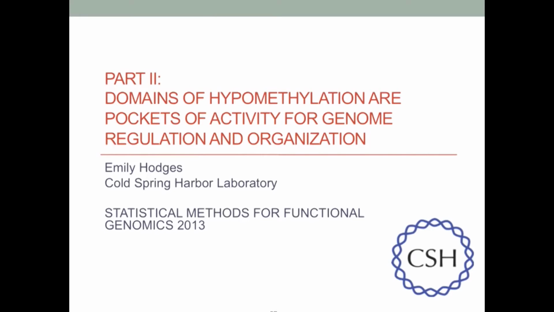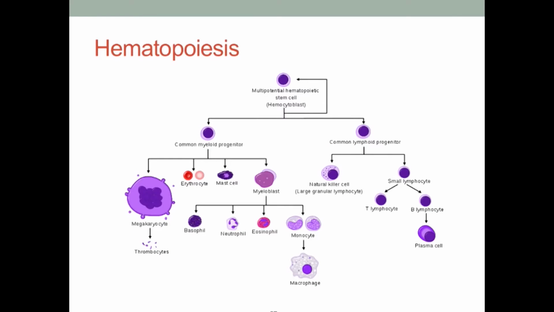Yes. So now I will talk a bit about how we've been using this kind of data and the kinds of questions that we've been interested in. We're very interested in what kind of role DNA methylation may play in cell fate specification or differentiation. And so we set out to understand how the DNA methylation profiles differ in different cell types and at different stages of development.